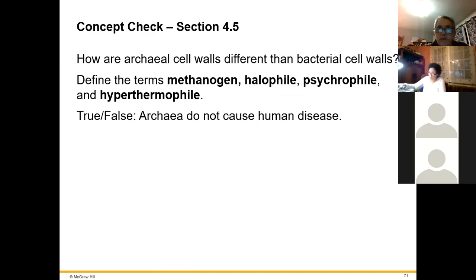How are archaea cell walls different than bacterial cell walls? You remember that they share a similarity with eukaryotes. Well, actually, I'm thinking of the cell membrane, the sterols.